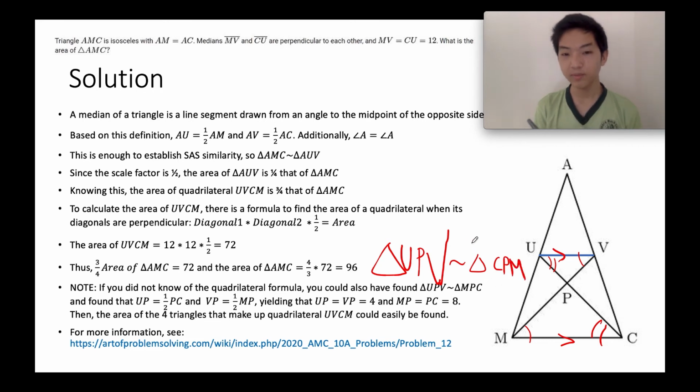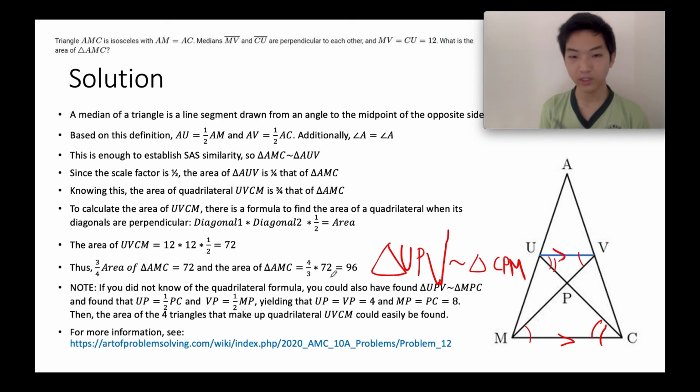So I did end up miswriting this here, so this should be the correct way to write it. And then here, we know that UV is 1/2 of MC, as I stated earlier. So the scale factor between these two triangles is 1/2.